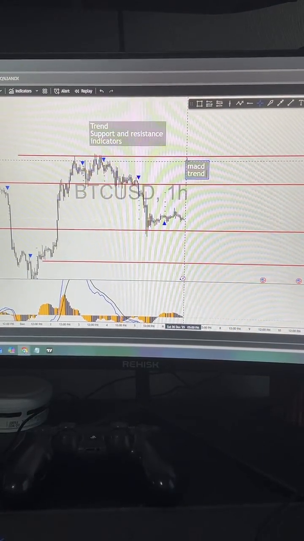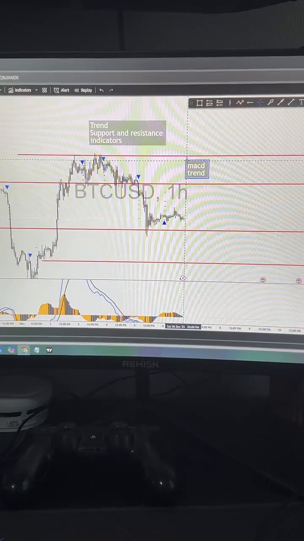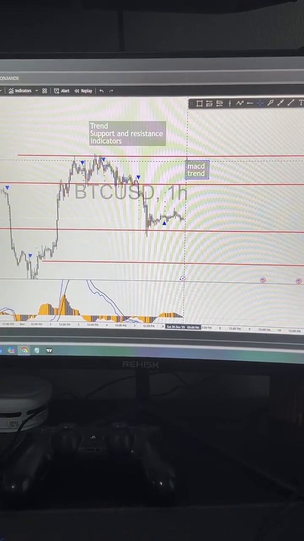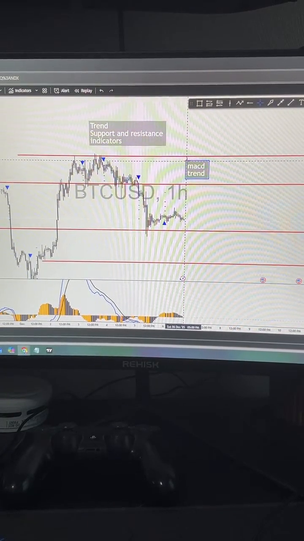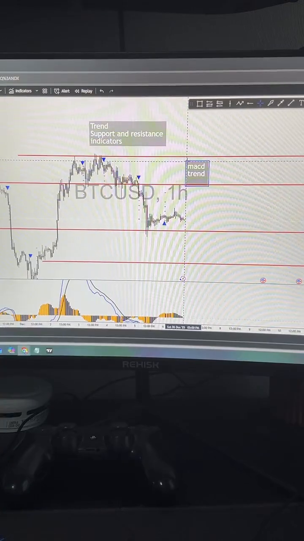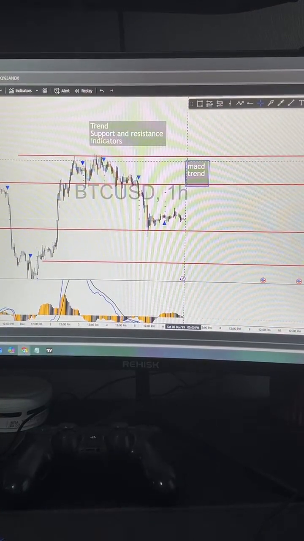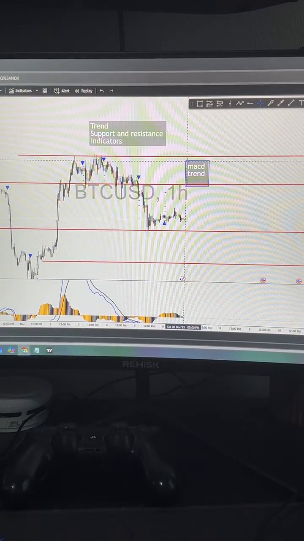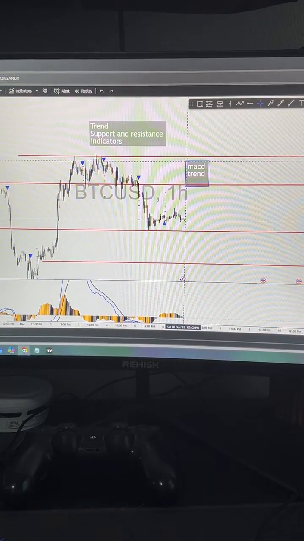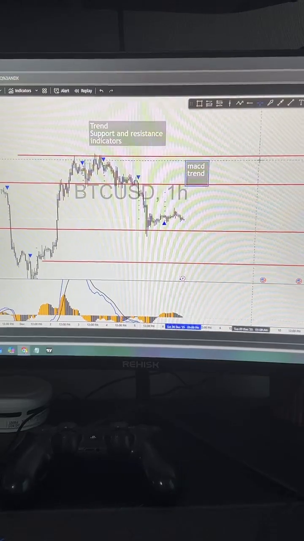We're in the downtrend, so a buy signal would be weaker than the sell signal. Understand? Cool. And then lastly, what was the last one? I forgot what the last one was. It was the MACD, it was the trend, and it was something else. I think I just added that one on. That really might be it.